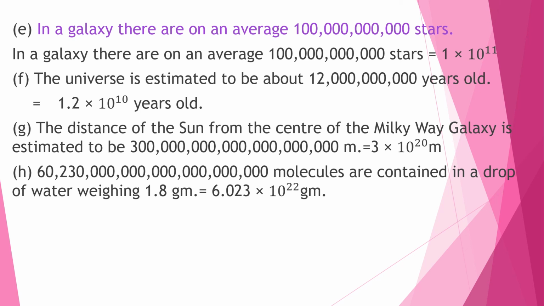So we can write 6.023. Remaining are 0, so no need to mention. Then after the first digit, that is 6, we are putting the decimal point. So on the right side you can count the number of digits. There are 22 digits. So the standard form is 6.023 multiplied by 10 raised to 22 gram.